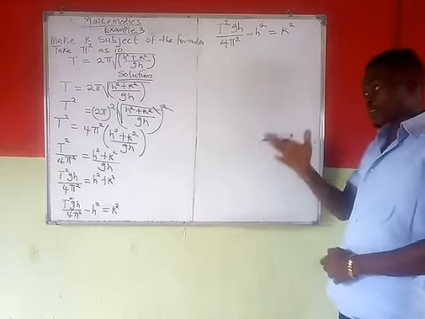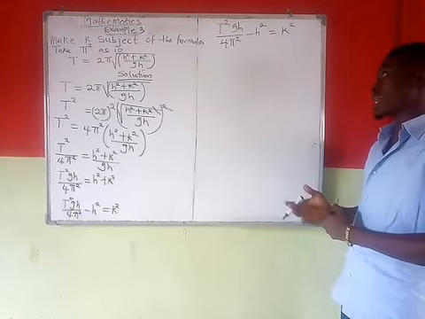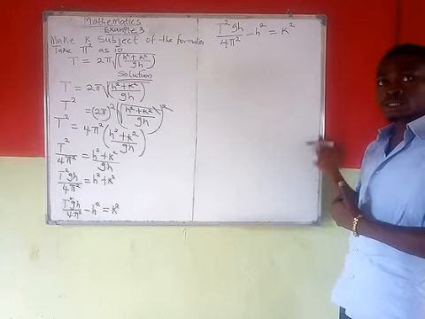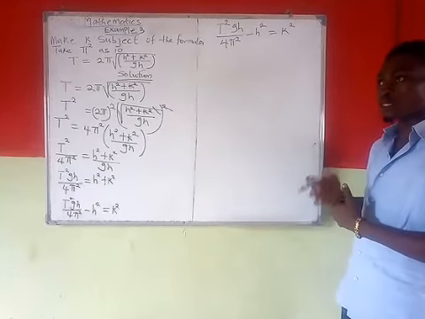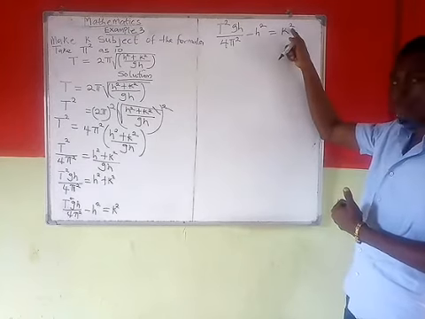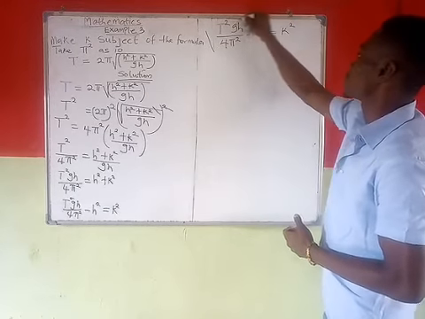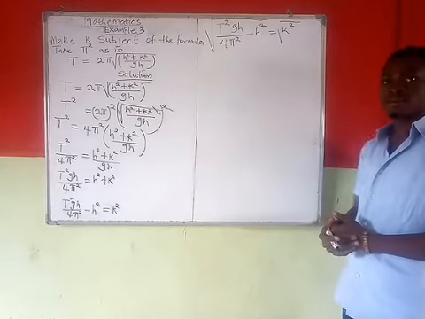Remember I said previously that if you want to remove that square on the right hand side, you need to employ a square root on both sides. So to do that, we employ square root on both sides to eliminate the square. That is a square root like this, and another square root like this.